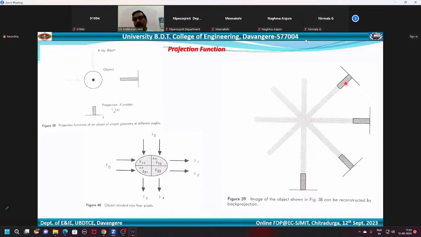All of them meet together at specific points. When these back projection points meet at specific points, they generate an image based upon this projection function.